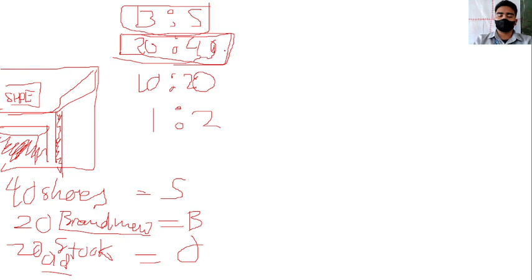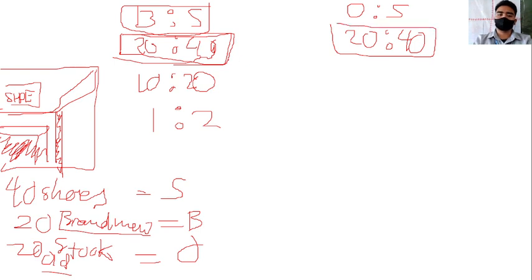Now, what if the manager asks you, what is the ratio between the total number of old stocks to the total number of shoes? The number of old stock is 20 as well, and the total number of shoes is 40. Correct.